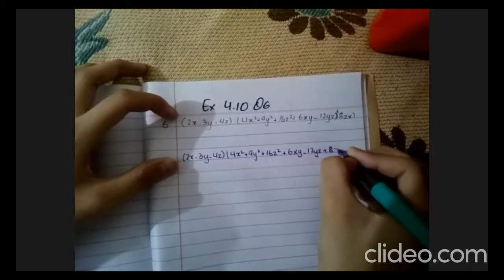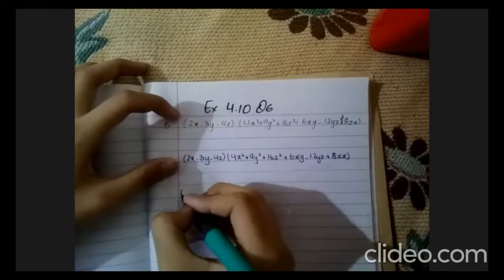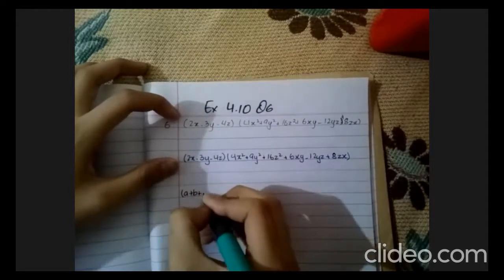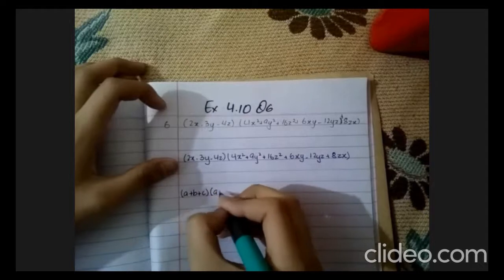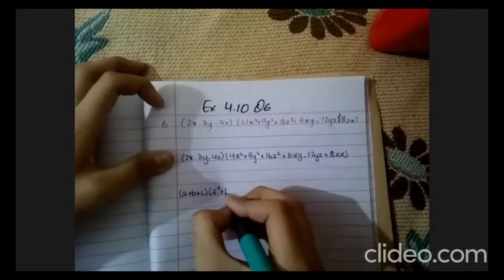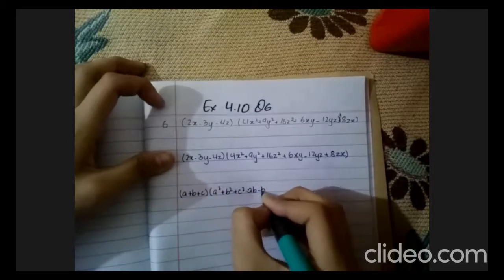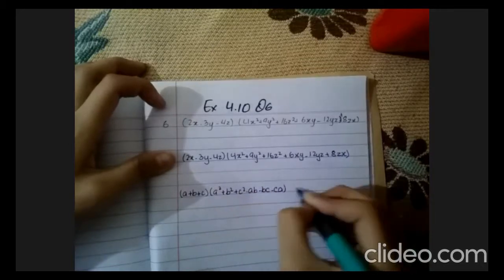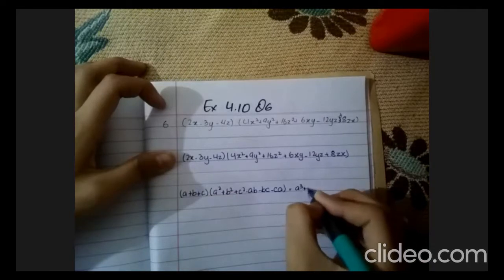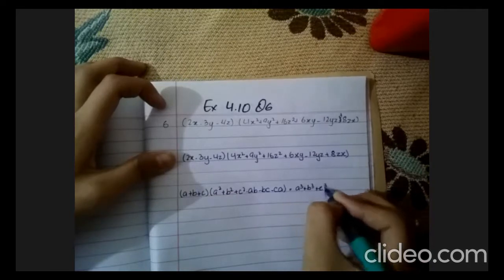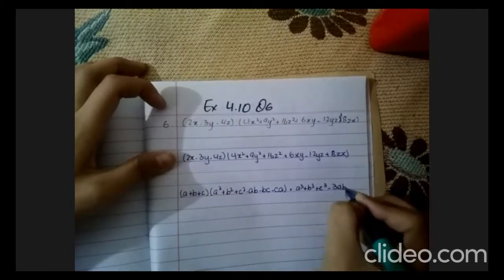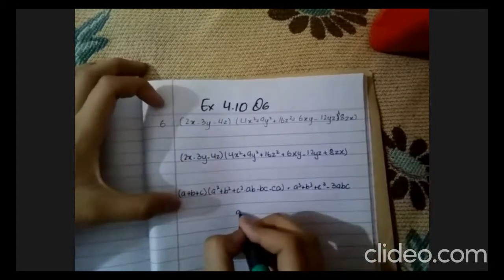Plus 8xyz. Now, you will write down the formula. A plus B plus C whole square is equal to A square plus B square plus C square plus 2AB plus 2BC plus 2CA, and A cube plus B cube plus C cube minus 3ABC. Now here you have to decide which is A, B and C.